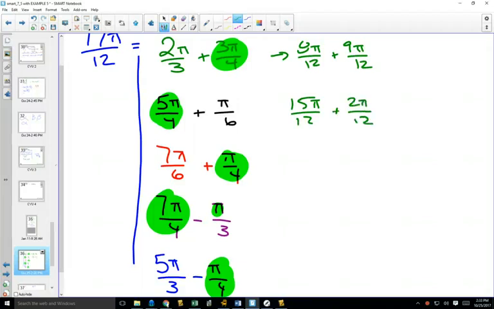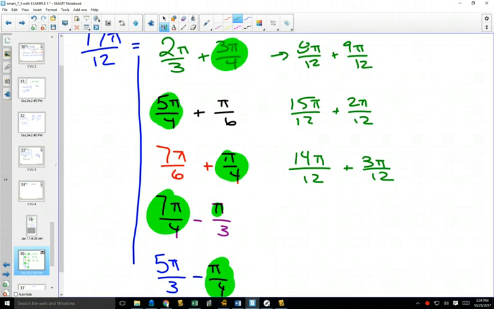The third one is going to be 14 pi over 12 plus 3 pi over 12. The pi over 4 family, when you make it over 12, is always going to be an odd number. And if you need two things to add or subtract to an odd number, one of them has to be odd, one of them has to be even.